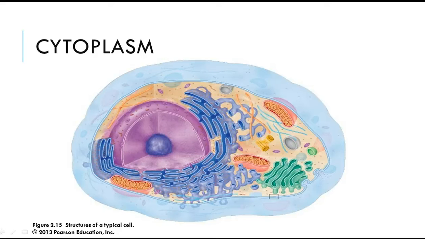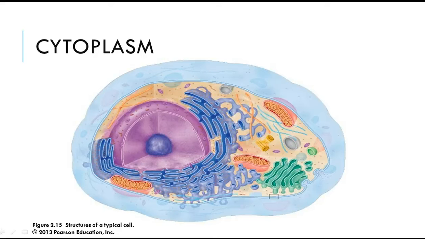The second major component of your cytoplasm is called the cytosol, C-Y-T-O-S-O-L. That sounds confusing because of the prefix cyto, but cyto just means cell. So plasm is the fluid, sol is the solution. The cytosol is the actual liquid part of the cell, exclusively the liquid part. So the water and the solutes that you might find suspended in there, the ions and whatever else is in that particular cell.